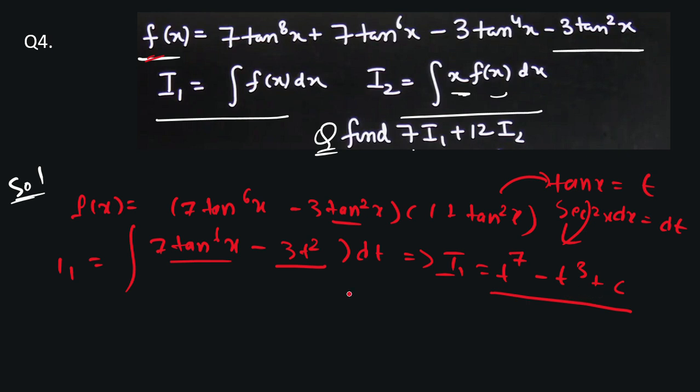c. Now let us find I2. I2 is equal to x into tan x into f of x, which is x tan power 7x minus tan cube x, minus the integration of tan power 7x minus tan cube x dx.